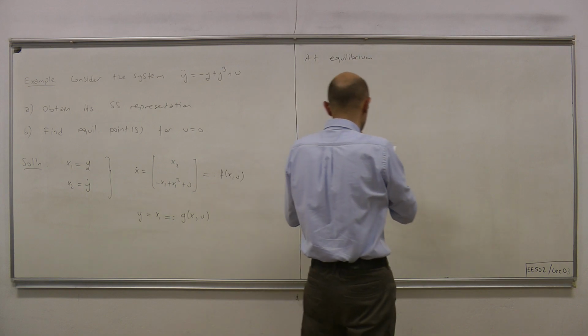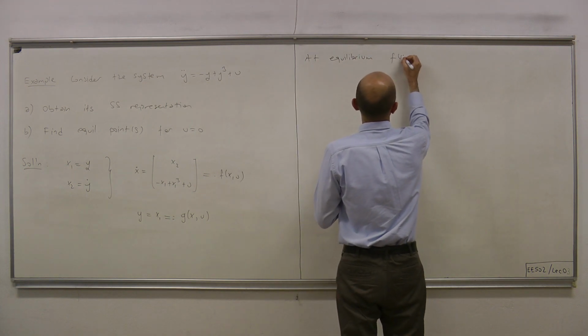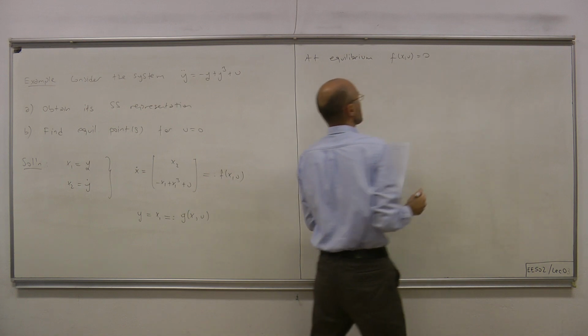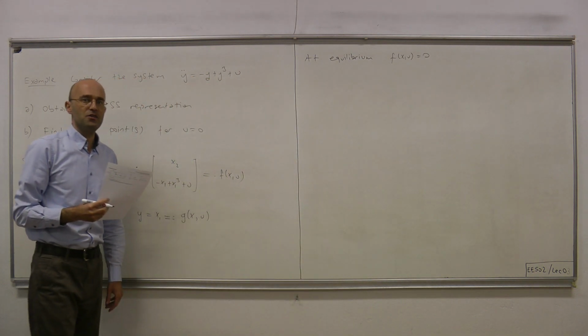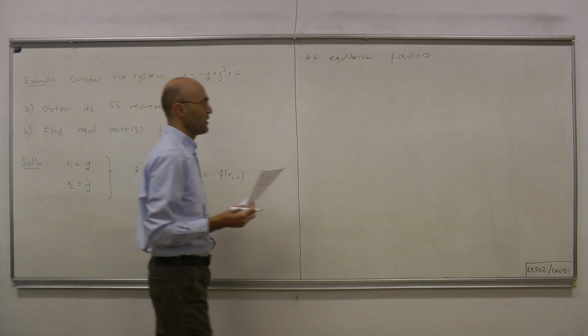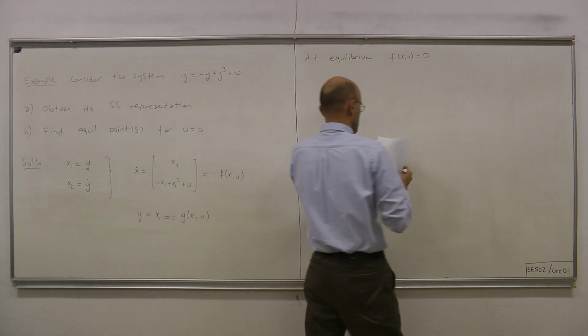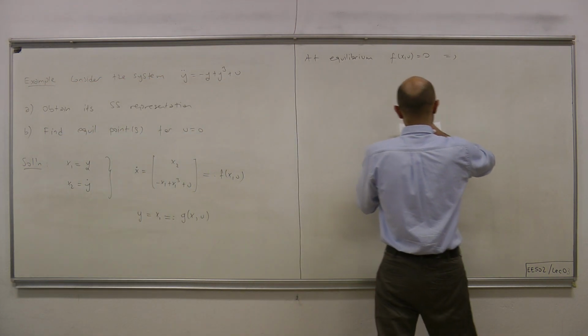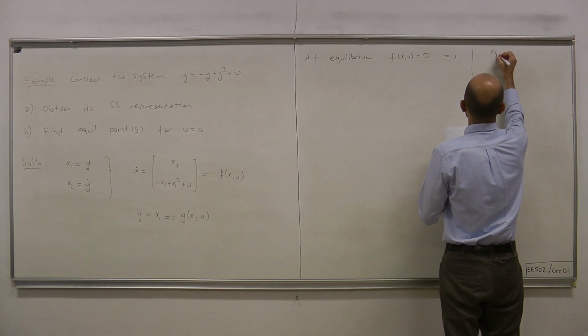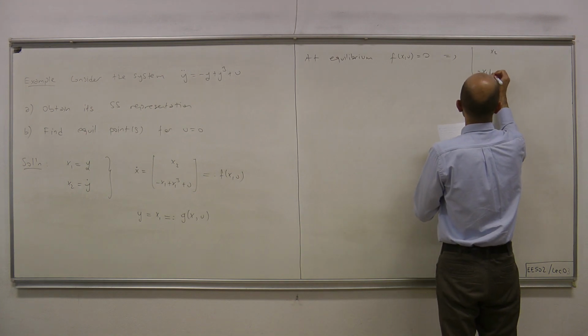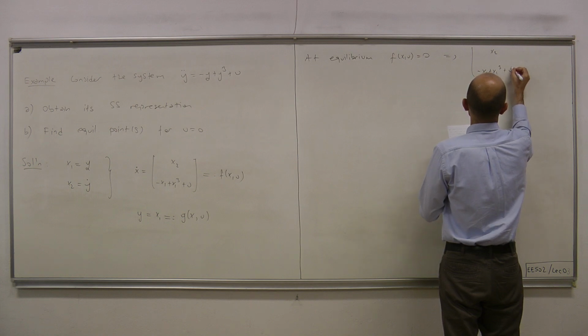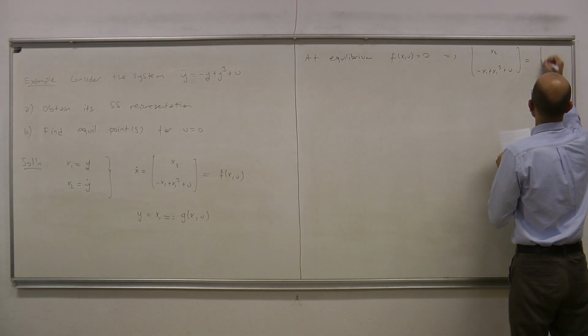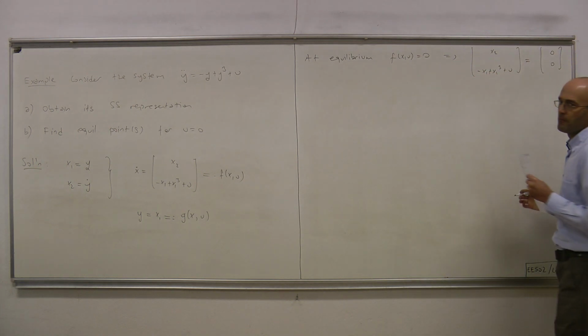Okay, by definition, at equilibrium, the right-hand side is 0. Okay. f of x, u equals 0. So this would imply, for our case, that x2, minus x1 plus x1 cube plus u, equals the 0 vector. Okay.